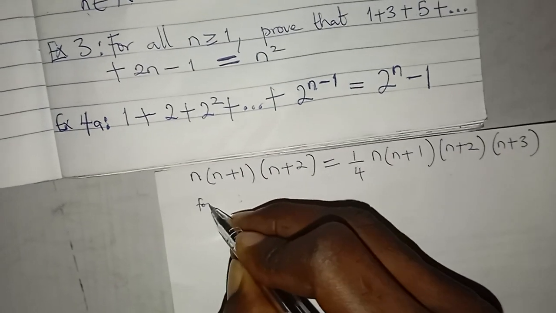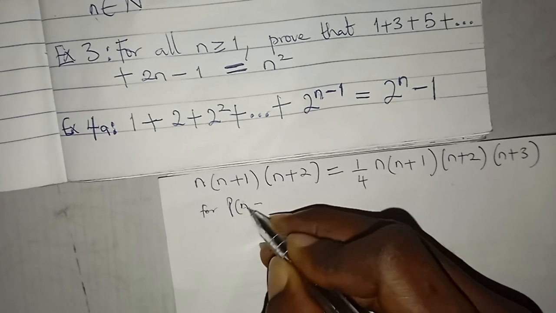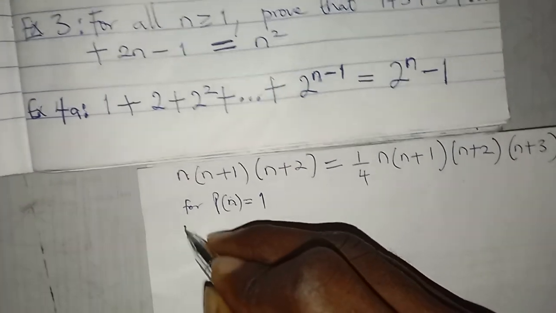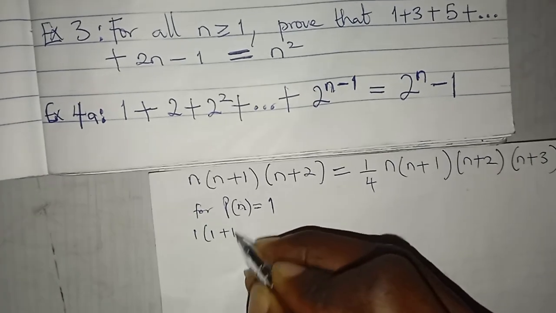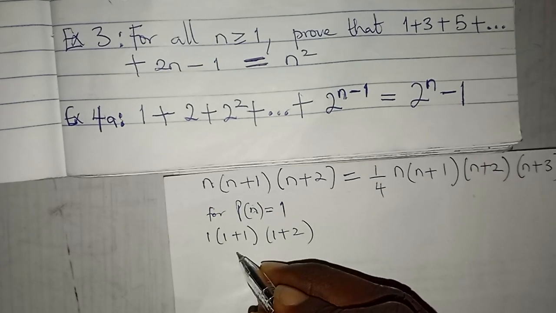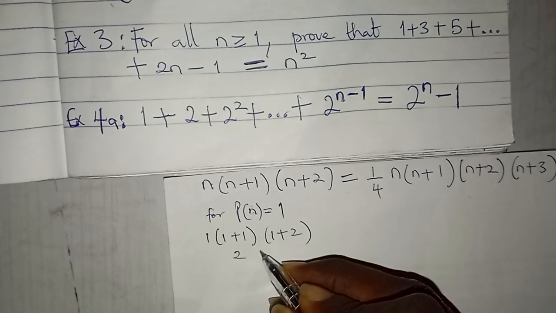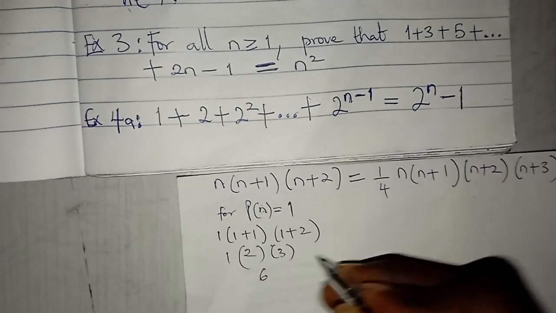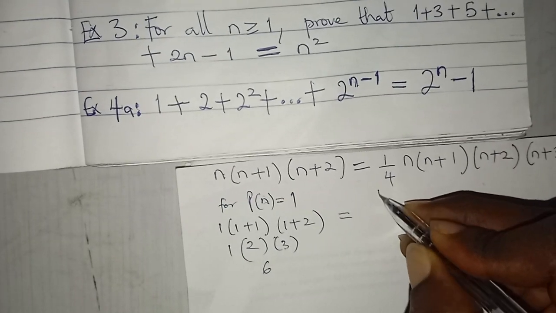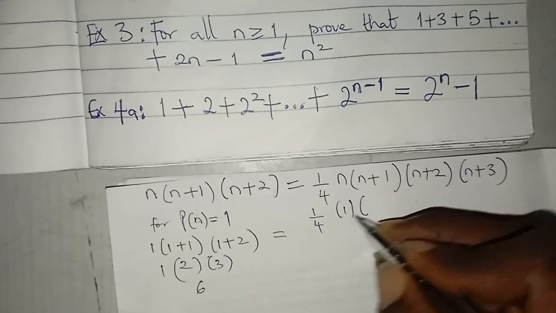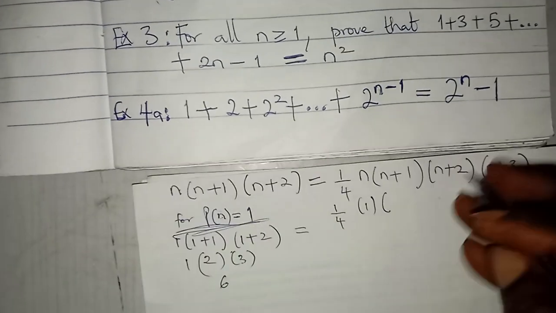So for n, P of n equals to 1. For P of n equals to 1, I will have 1 into 1 plus 1, and everything here is going to give me 2 into 3 into 1, which is going to be 6, equals to 1 over 4 into 1 into... remember what we are doing for P of n equals to 1, which is the basic step.